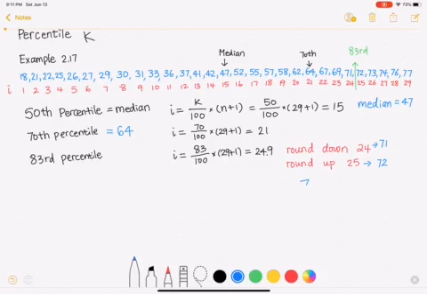So it's 71 plus 72 divided by 2, and the answer would be 71.5. What it means is that if the age is 71 and a half, that age will be above 83% of the ages that are listed. So that is how you calculate percentile.